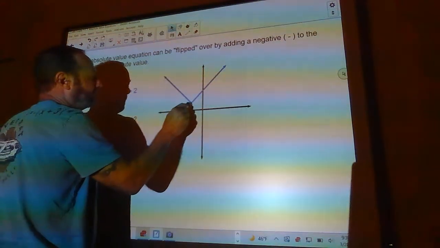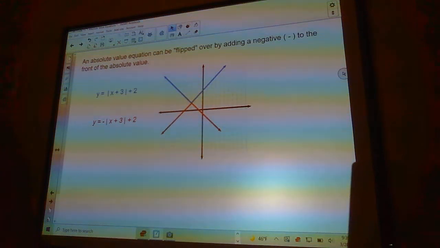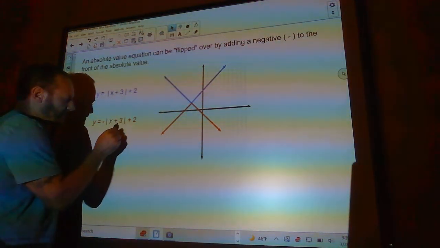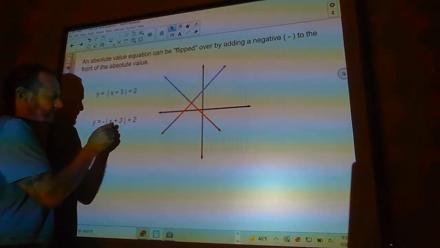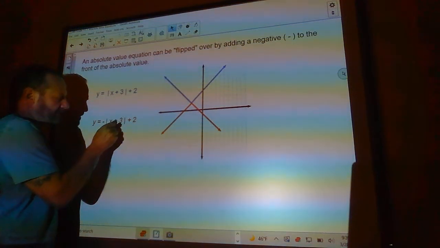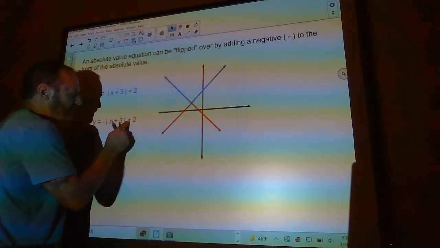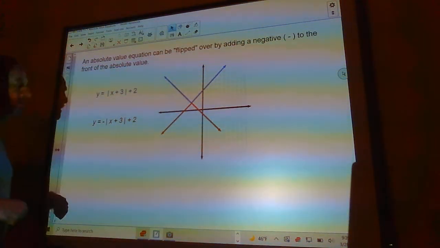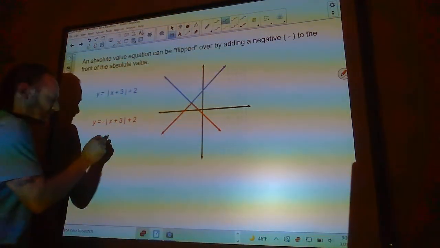Well, it's just going to flip that thing upside down. The vertex is always right here. It's whatever makes this 0 plus or minus this. So negative 3 is going to make this 0 right here. Boom, that moves it 3 to the left and then up 2 right there, and then that flips it upside down. Again, if you're not sure, test it.